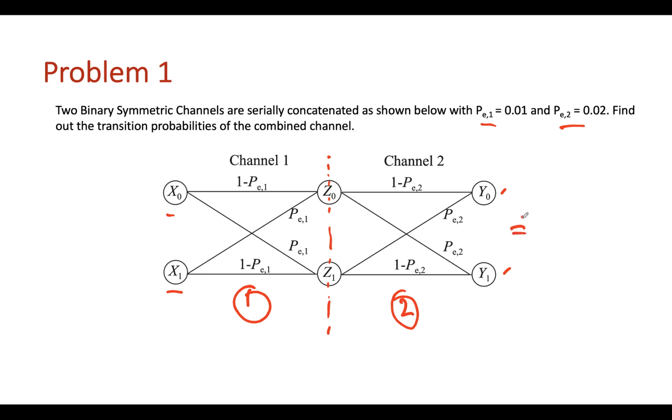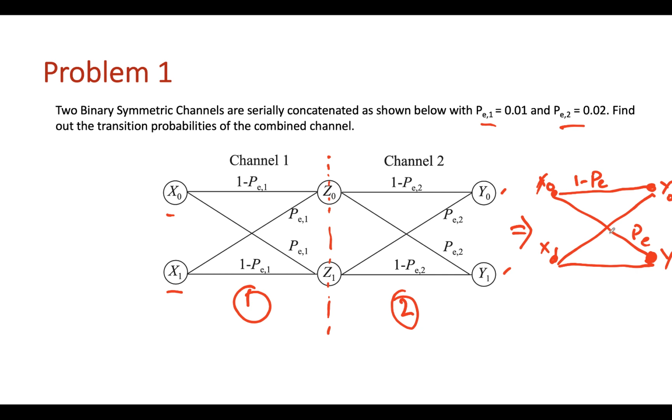Let's imagine that this is equivalent to a binary symmetric channel where you have x0 and x1 as input and y0 and y1 as output, with 1 minus PE and PE, and then here also 1 minus PE and PE.